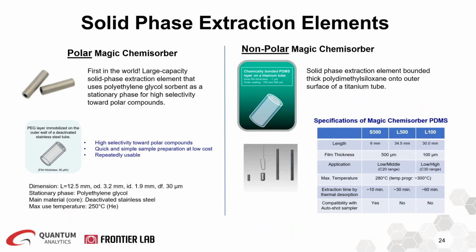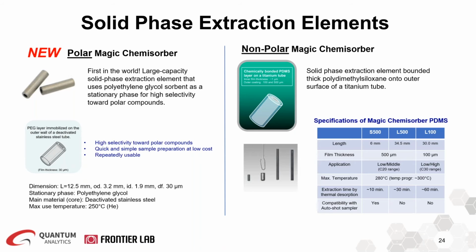We also have 2 solid phase extraction elements that are called Magic Chemisorbers. The polar Magic Chemisorber shown on the left-hand side is our new invention as the world's first large-capacity solid phase extraction element with polyethylene glycol as the stationary phase on a deactivated stainless steel tube.